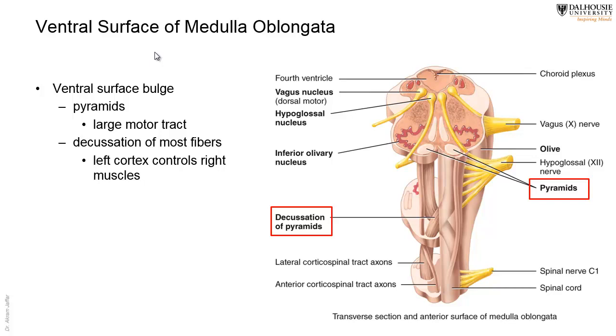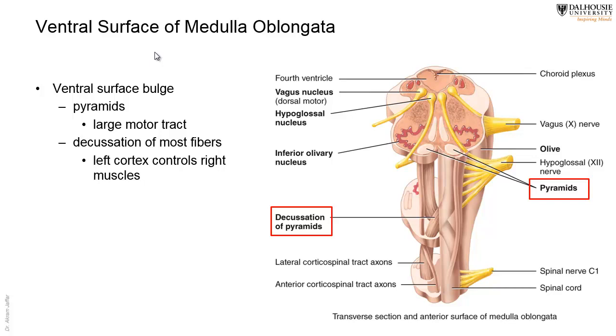So they cross, which means that one side of the brain has motor control over the contralateral side of the body. So the right side of the brain controls the left side of the body, and the left cerebral hemisphere controls the right side of the body. And this is because of the crossing that takes place to the descending fibers.